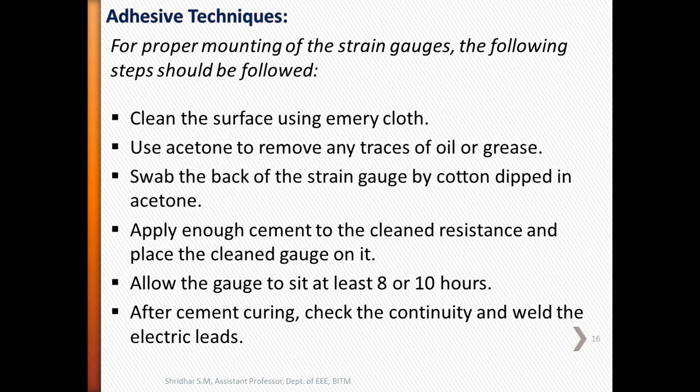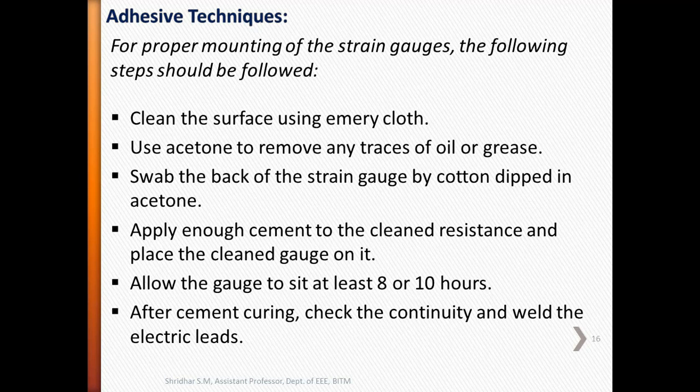Third step: swab the back of the strain gauge with cotton dipped in acetone to ensure that the back is free from any contamination. Next step: apply enough cement to the cleaned surface and place the clean gauge on it.